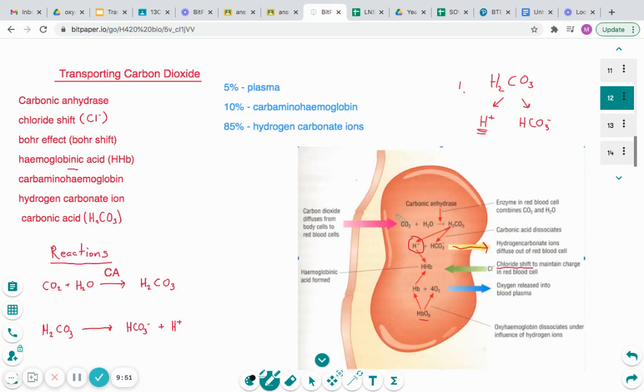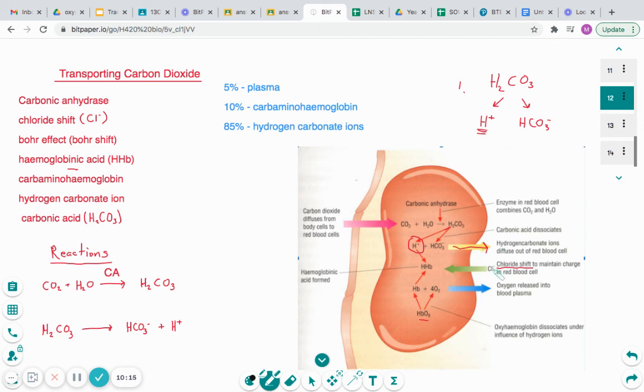Again, these different reactions, you need to remember these ones. You need to know how carbonic acid was produced and the enzyme that was involved. You need to be able to recall that this carbonic acid breaks down into hydrogen ion and hydrogen carbonate, and that hydrogen carbonate diffused out. And with that diffusing out, it took its negative charge out.